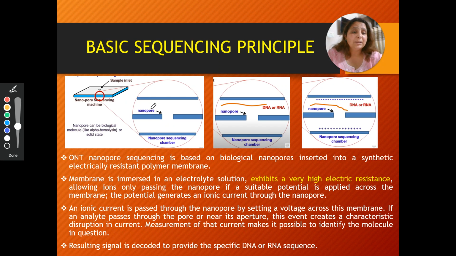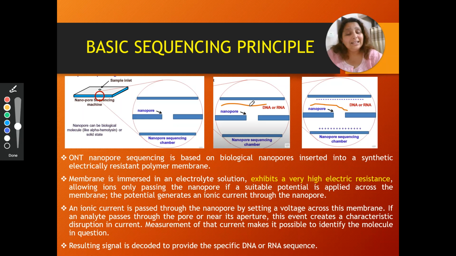Electrically resistant का मतलब है कि the electricity is not able to pass through the membrane. It can only pass through one part, and that one part is the nanopore. Okay, so nanopore में से the electric current can pass, the electrolytes can pass through this space only. बाकी किसी भी part से कुछ pass नहीं हो सकता.